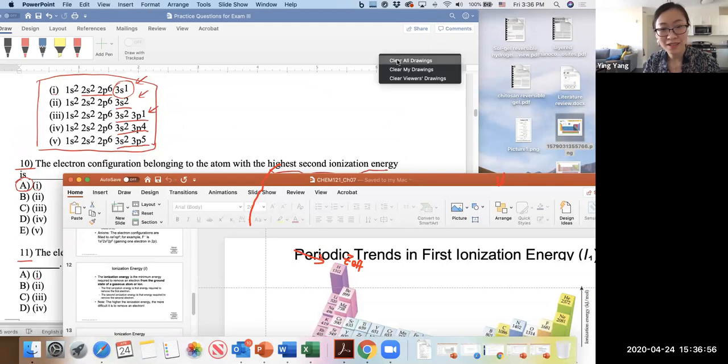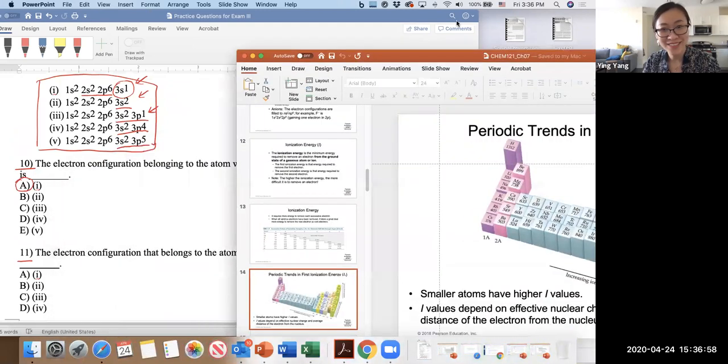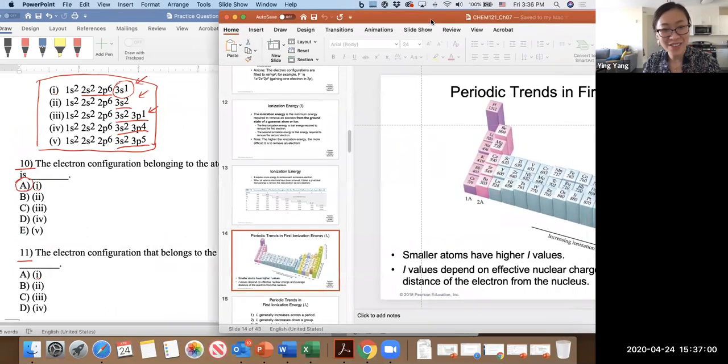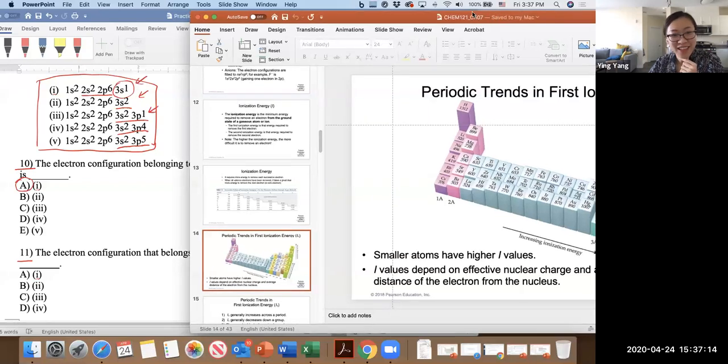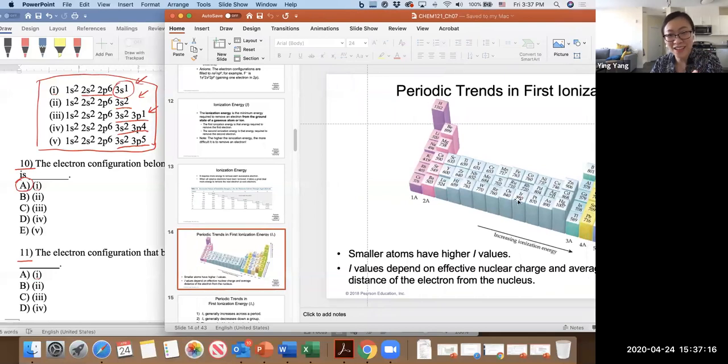I'm making everything messy now. Okay, now it looks better. For these 5, think about it. Which electron would be the easiest to remove? Any answer here? Take a guess, or take a look at this table.